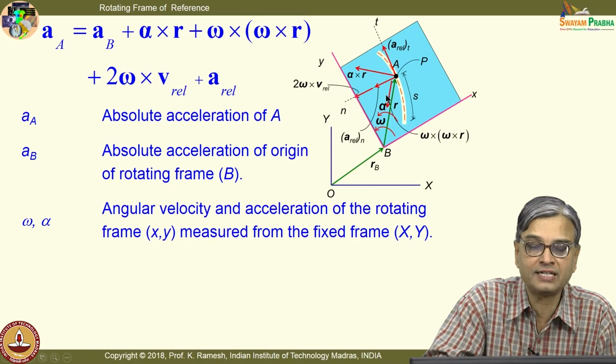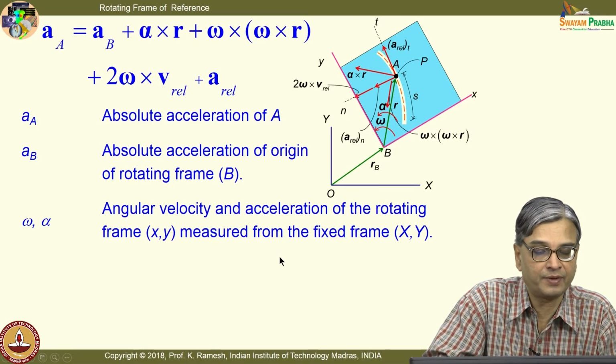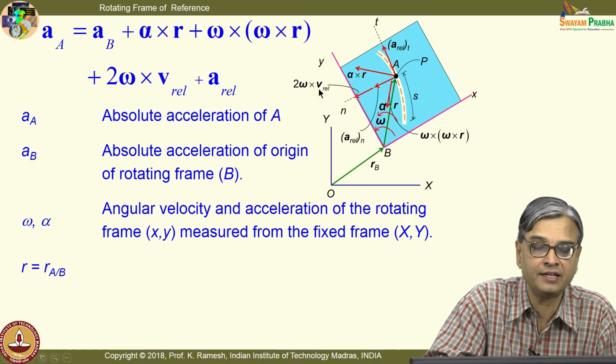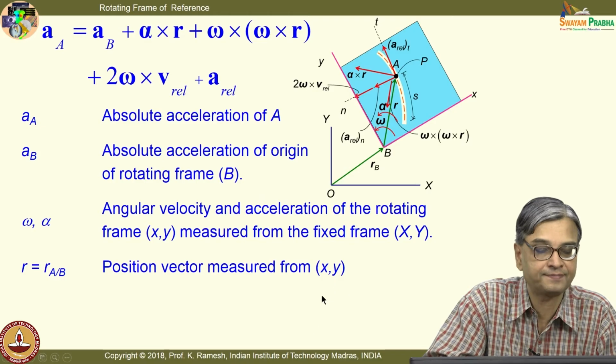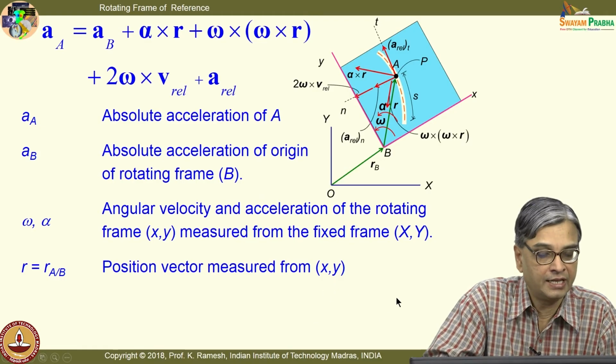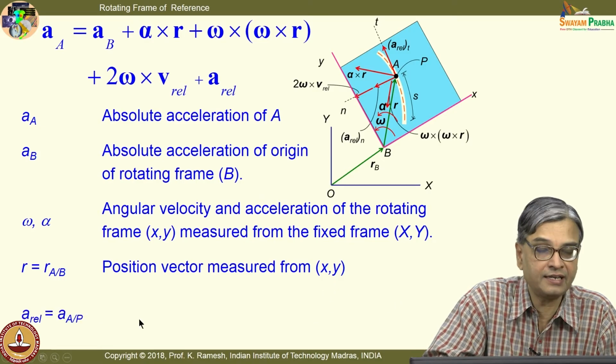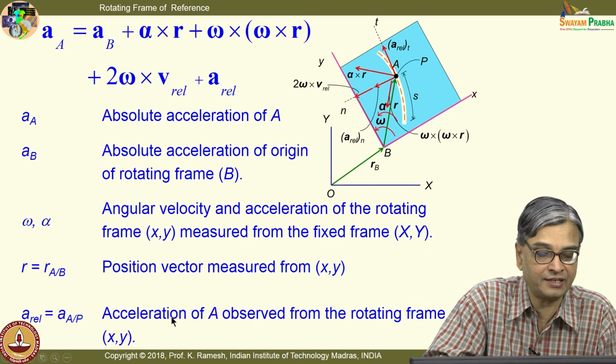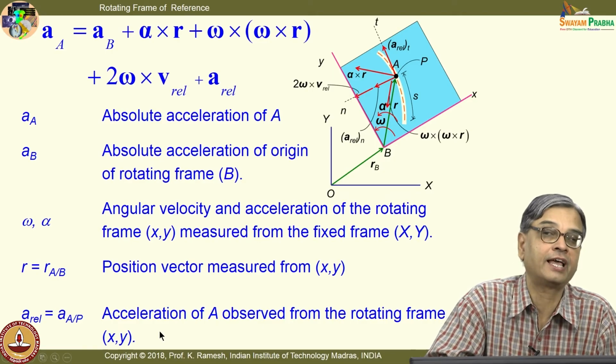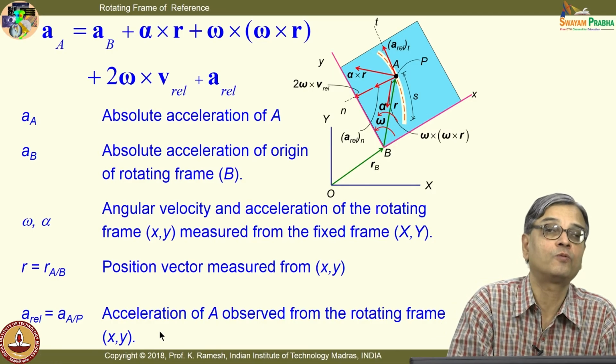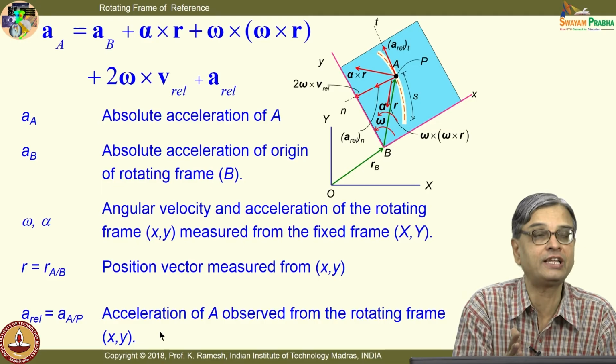Okay, you are able to see that from that. And then I have the position vector in the rotating frame of reference. Then I have A_rel, which is the acceleration of A observed from the rotating frame. A rotating observer will be able to measure only this.